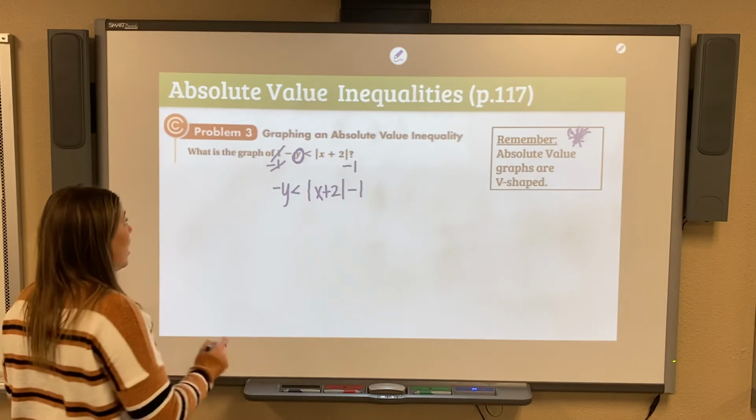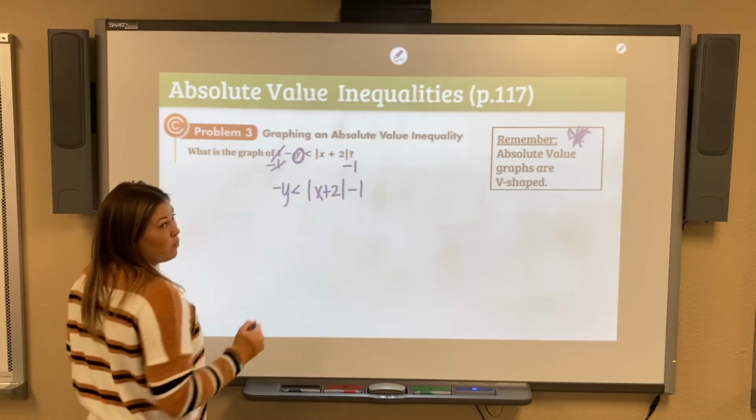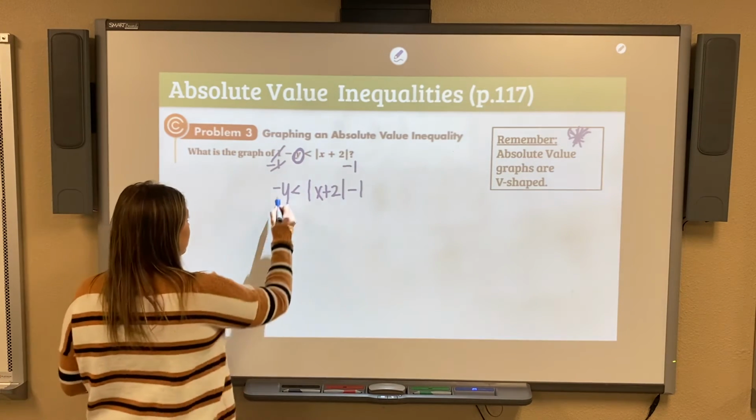Now we're almost there. We have -y is less than this absolute value, but we need a positive y. So this is like an invisible -1.